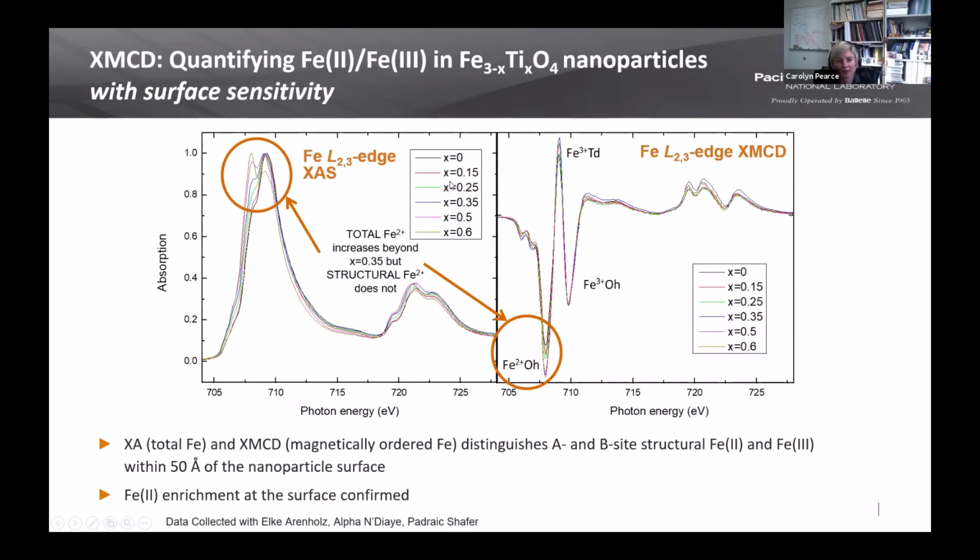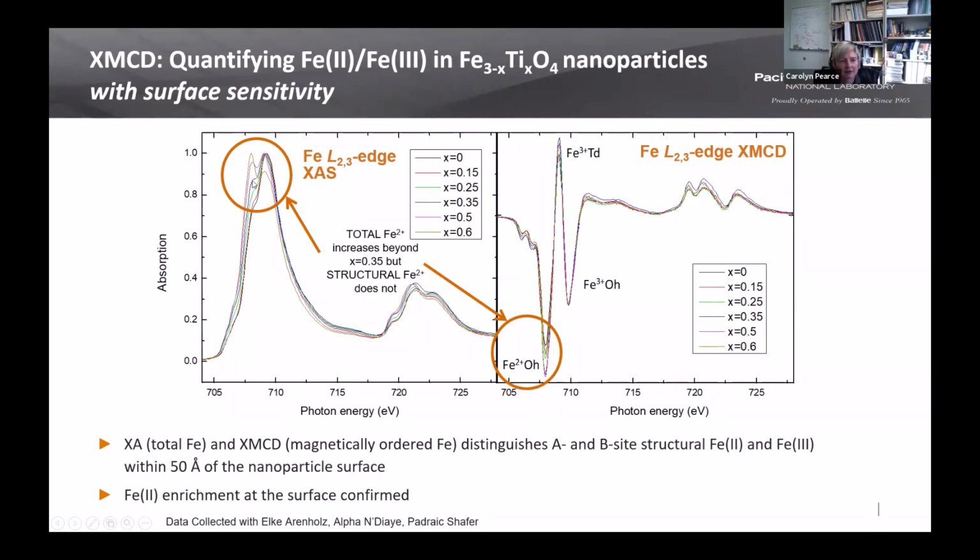This is what the data look like for this series. So we didn't want to just make 0.15. We wanted to really understand how the titanium could be used to control that solid state iron 2+/3+ ratio. And so we did X-ray absorption, and then the XMCD was a really powerful tool because it showed that as we get to these higher substitution levels and we're increasing the amount of iron 2+ present, we're actually not doping that into the structure.